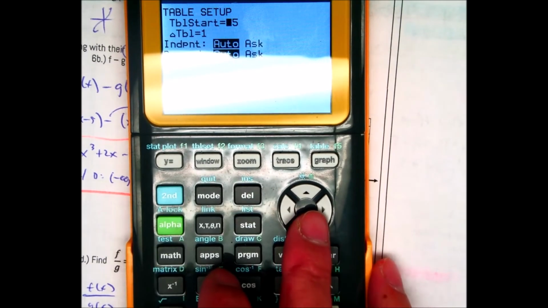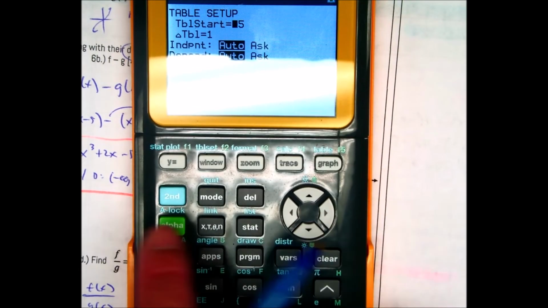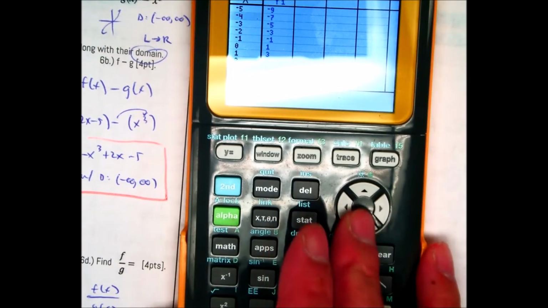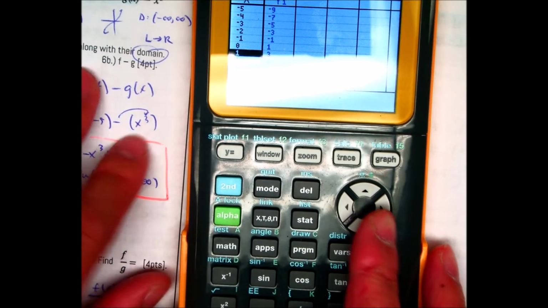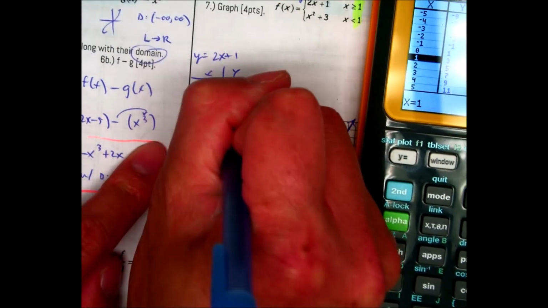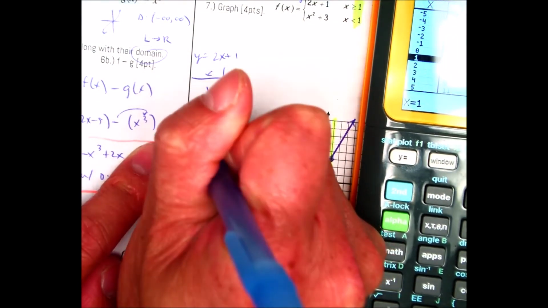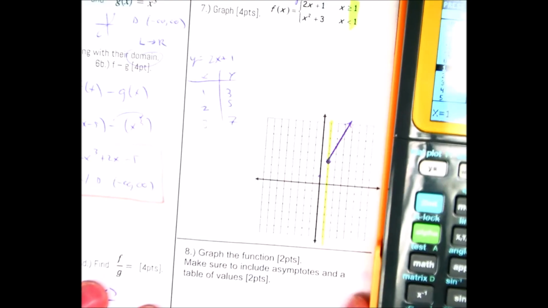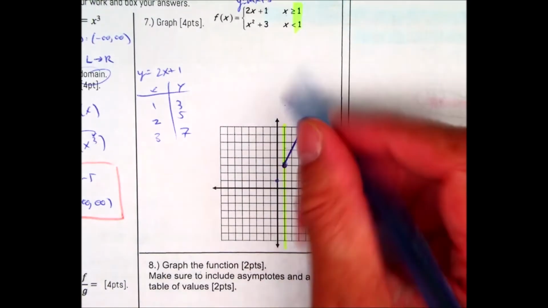Make sure those are on auto and auto, and go second graph. You have all these values, and you want numbers bigger than 1. So 1 gives 3, 2 gives 5, and 3 gives 7. So you can just graph those ordered pairs.